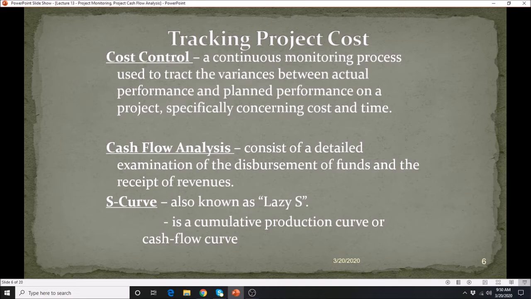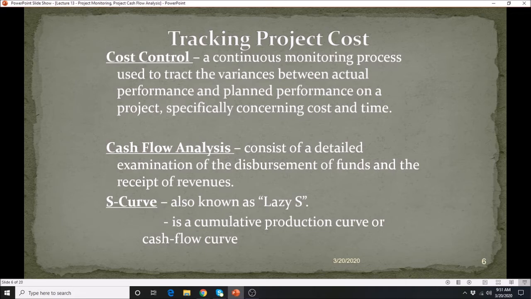All right, so cost control is a continuous monitoring process used to track the variances. Remember, during the introductions for the class, we mentioned the functions of the project manager, and one of the functions of the project manager is to control the four M's: the money, materials, machineries, and the manpower.